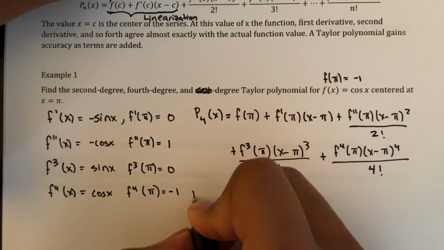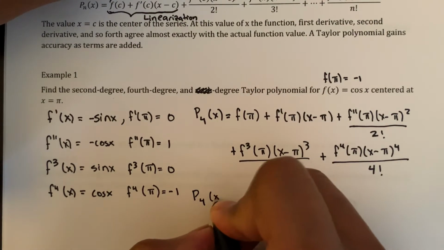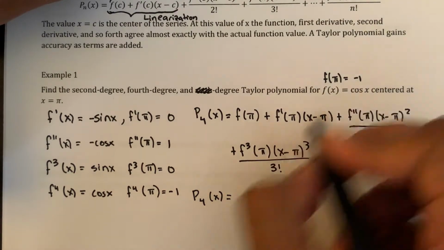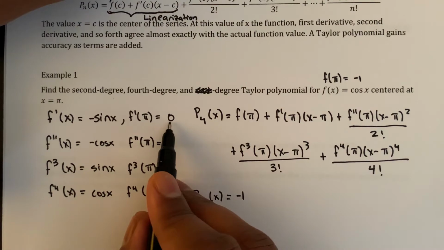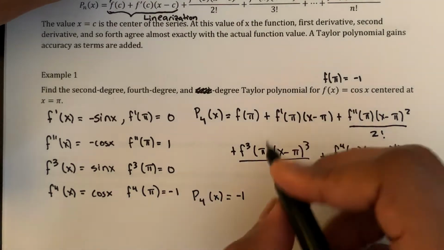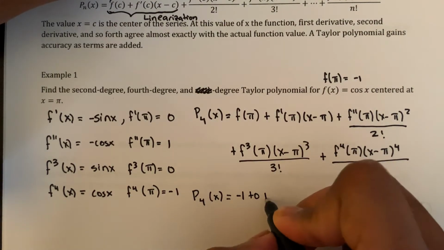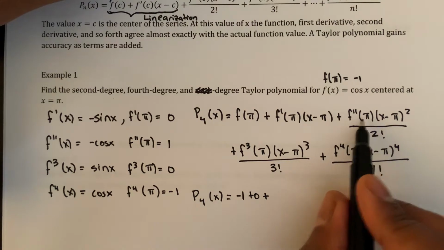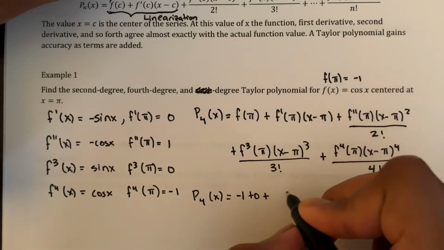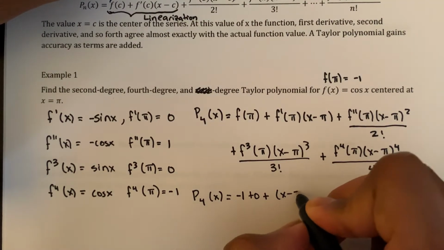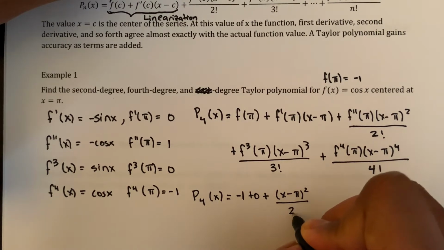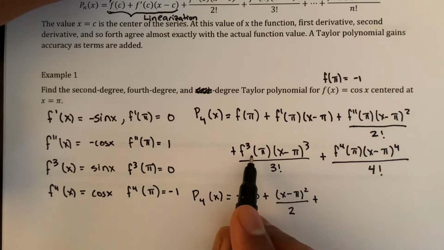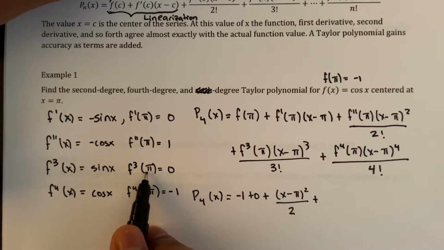So simplifying this, we get P4 of x is, so f of pi we know is -1. F prime of pi is 0. So 0 times x minus pi is just going to be 0. So we're going to have plus 0 plus f double prime of pi was 1. So we have 1 times x minus pi squared over 2 factorial, which is just 2. And then the third derivative at pi is 0.